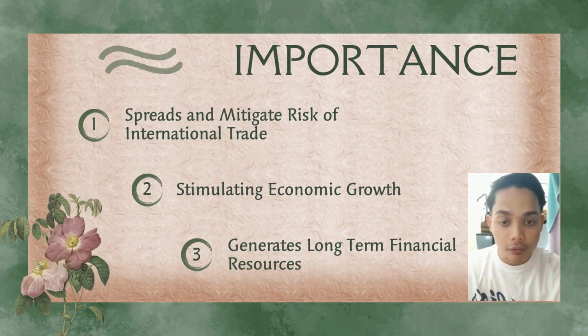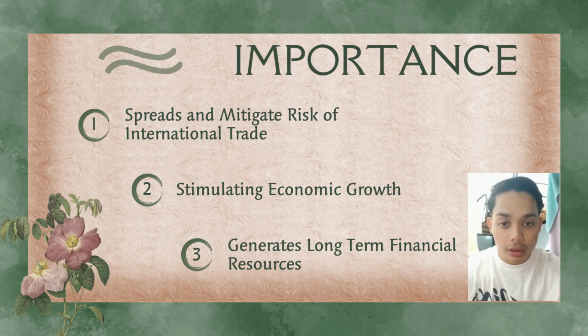Next, the importance of international trade insurance is stimulating economic growth. It will minimize risk and contribute to economic growth by fostering smoother trade relationships and encouraging more companies to participate in global commerce.